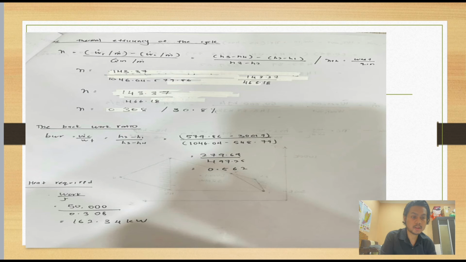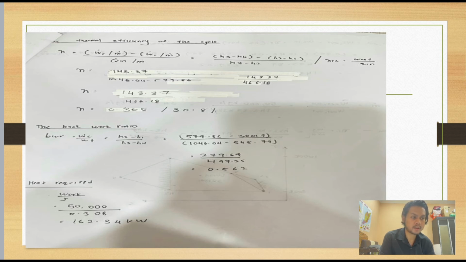The next step is to find the thermal efficiency of the cycle. We use the W net we got previously, with the formula W net over Q in.